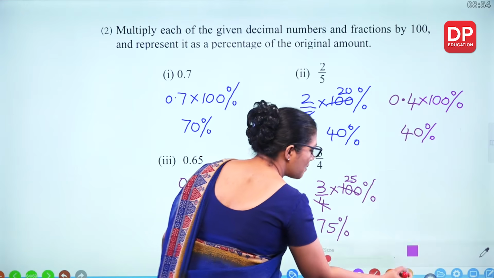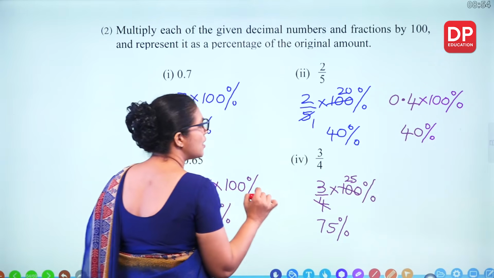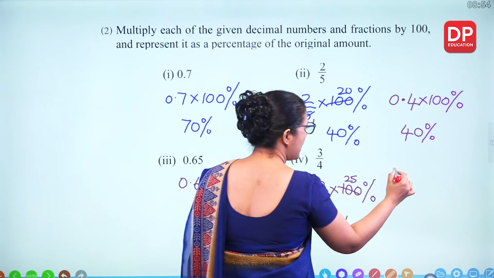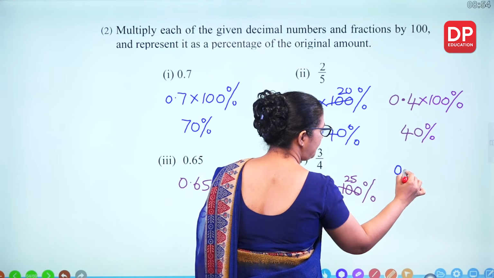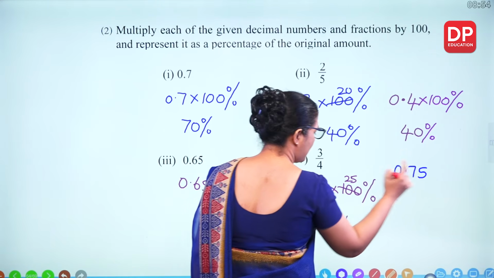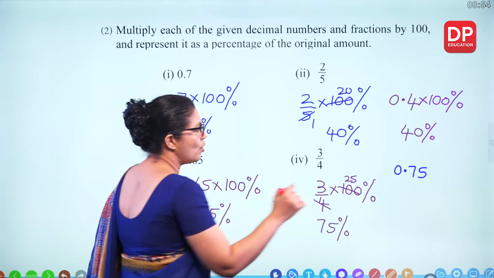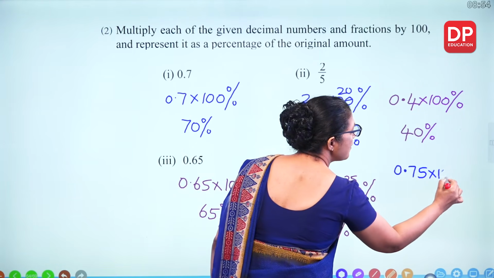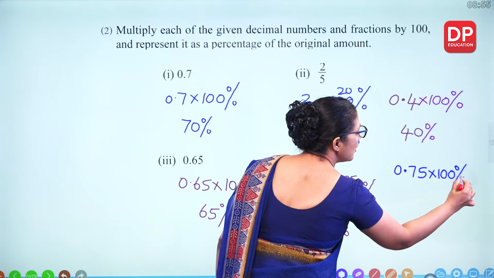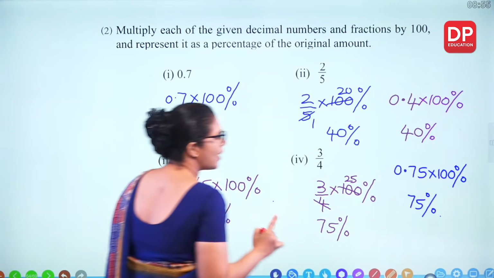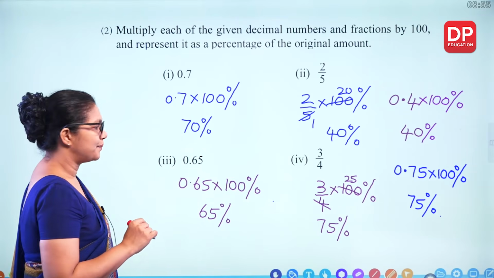Or I'll do the other method, convert to a decimal, 3 over 4 as a decimal, you get 0.75. So, long division, 3 divided by 4 and then multiply by 100%, you get 75%. You can use both ways.